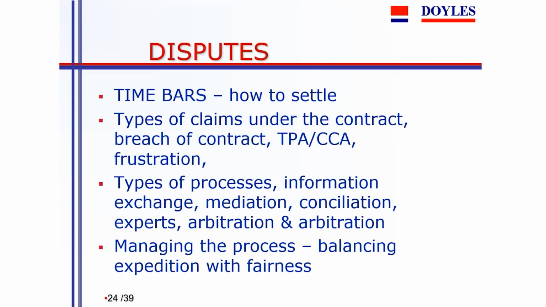Then you've got arbitration. Arbitration is a more formal process. It differs from court in the sense that you can choose the arbitrator, or he can be nominated by an institution that you've agreed to. And the arbitrator will run it more or less as a litigation event.